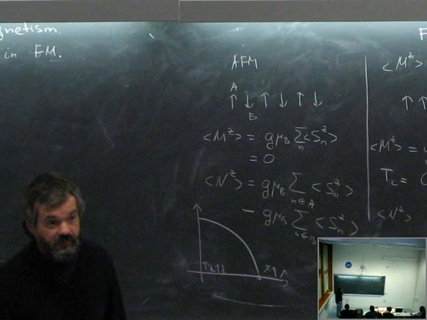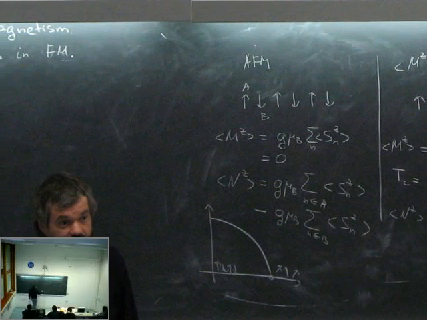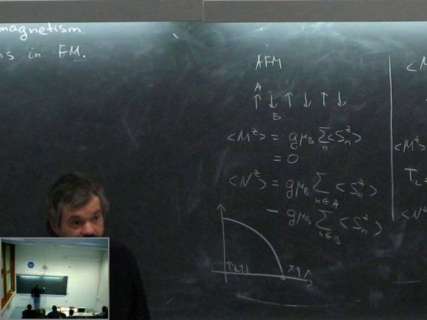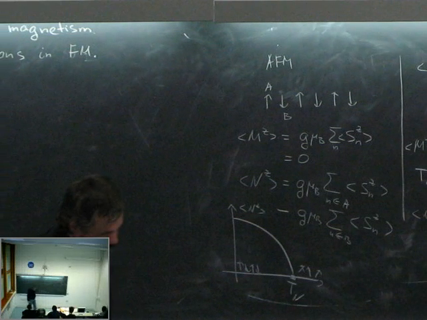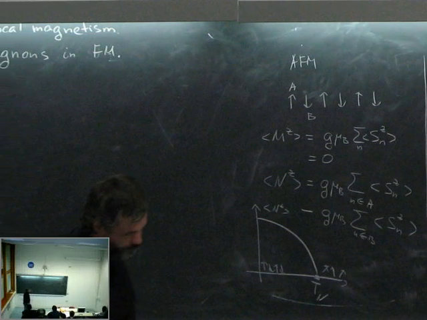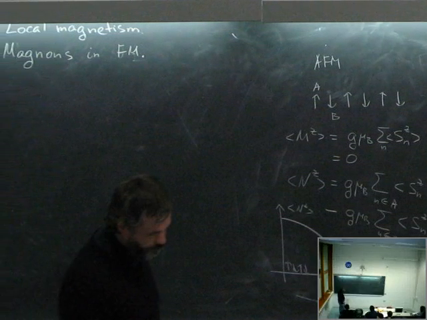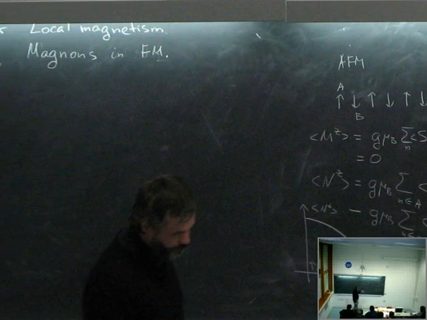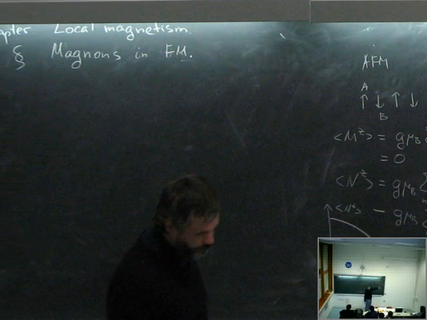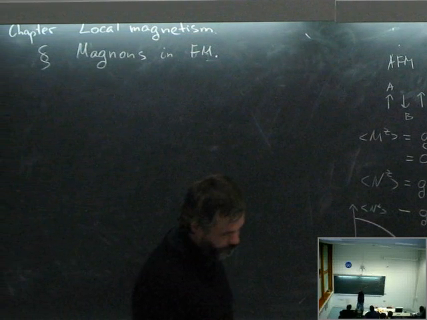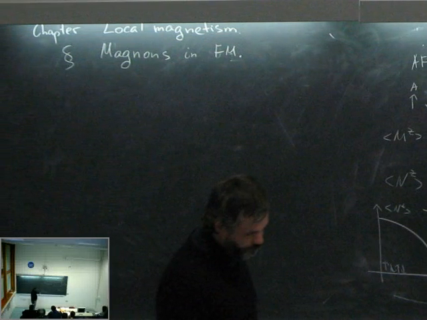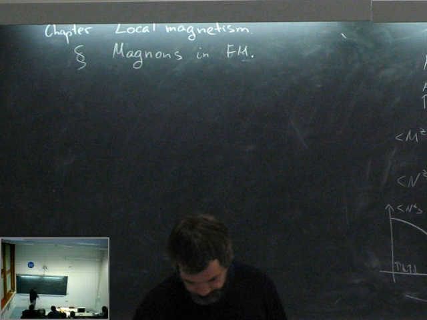So Néel temperature is a temperature where the order parameter, let me pronounce this word, appears, becomes non-zero in the system, and for ferromagnets, clearly the order parameter is uniform magnetization, while for antiferromagnets, the order parameter is staggered magnetization.